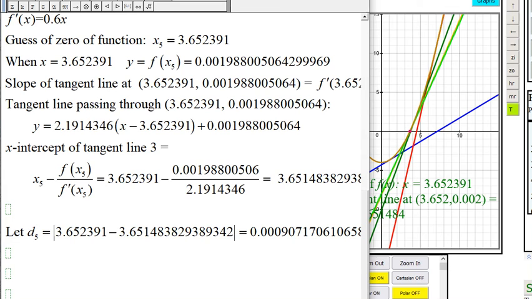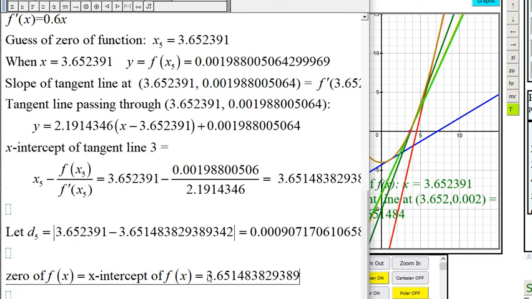If we're happy with this difference, then we would say that the zero of f of x, or the x-intercept of the function, would be 3.651483.